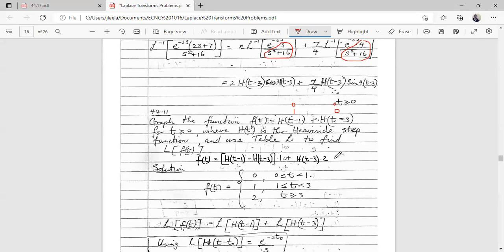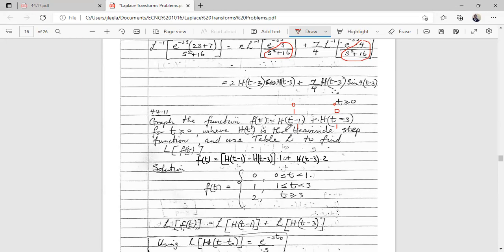Right? And in the third region, what will happen? The third region, which is beyond 3, both of them will be defined to be 1. So this could be 1 and this could be 1. Right? So 1 plus 1 is 2. So that is how we are able to write this here as a piecewise function.